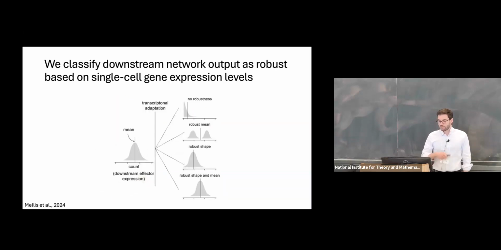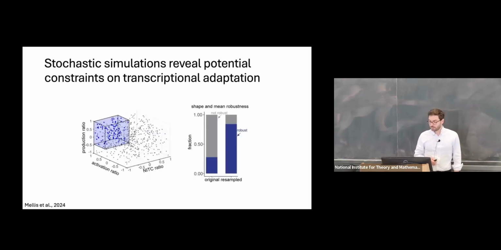We classify downstream network output as robust or not robust to upstream transcription factor mutations based on their single cell gene expression distributions. I just colored these gray for visibility because it doesn't look as good with orange. We looked at robustness both at the level of average expression level and in distribution shape.